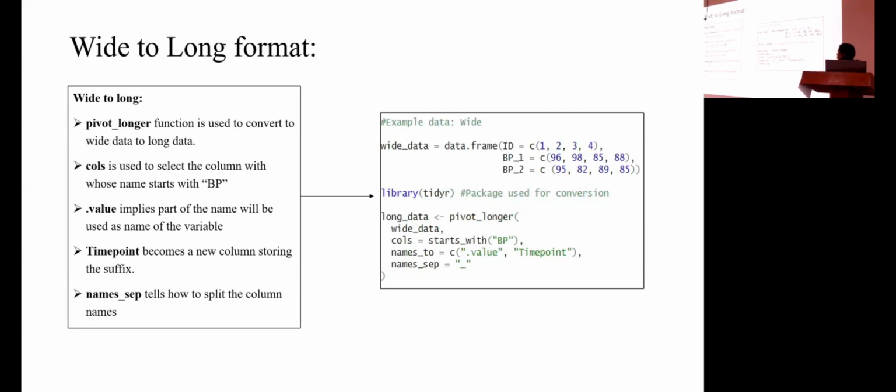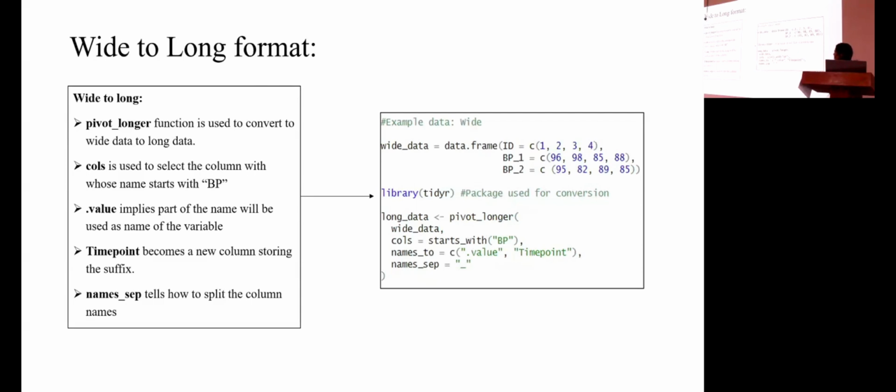What is the separator? The underscore. So it separates the time after the underscore. If you have more than 2 observations, say 4 or 5, it will give 1, 2, 3, 4. So this is the format for wide to long.